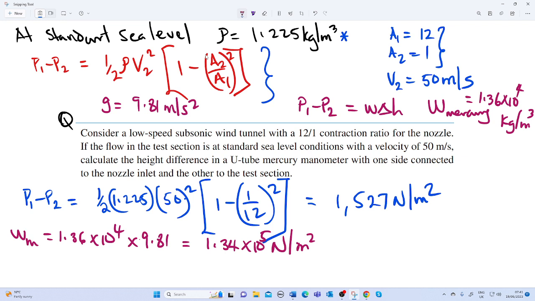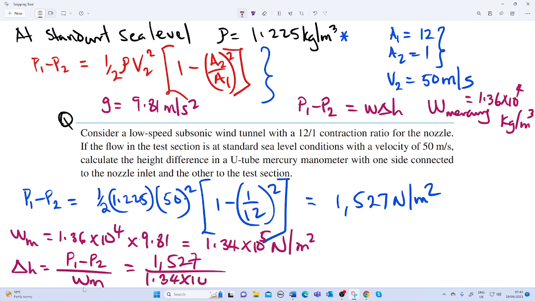per meter squared. So therefore, the change in height, that is the height difference from the U-tube mercury manometer equation, becomes the variation in pressure over the calculated weight of the mercury. That gives us 1527 over 1.34 times 10 raised to the power 5.